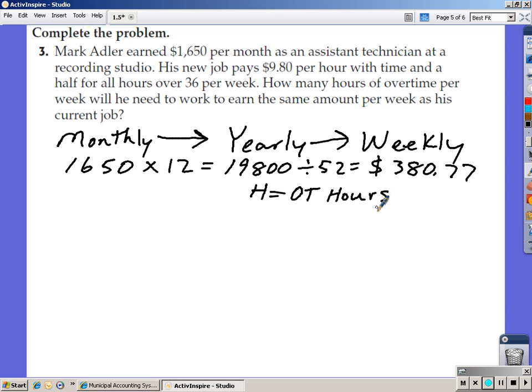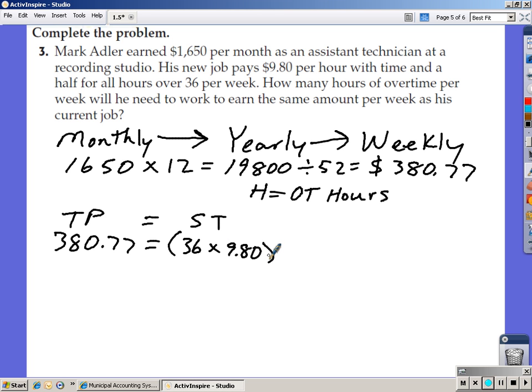Total pay is $380.77 equals our straight time, which in this job is 36 hours for full time, times $9.80 per hour, plus our overtime, which we're looking for, and it's $9.80 per hour.